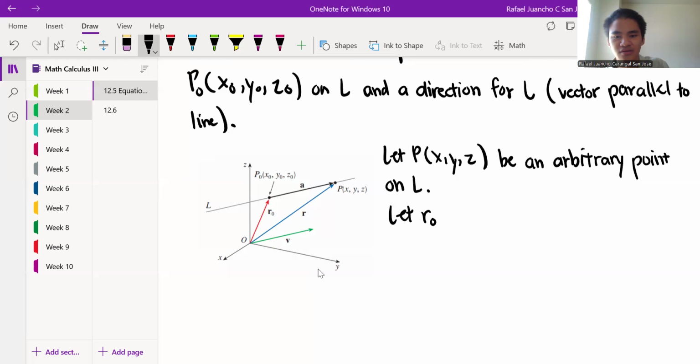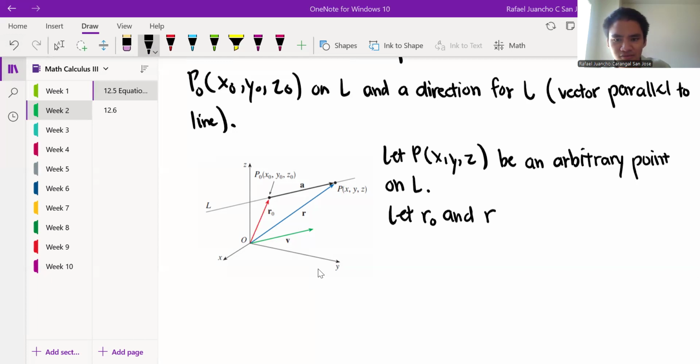Okay, we let r naught, the zero at the bottom, a subscript zero, and r be the position vectors. So r naught is this thing right here. I drew it a different way. That's r naught, and r is the blue vector.